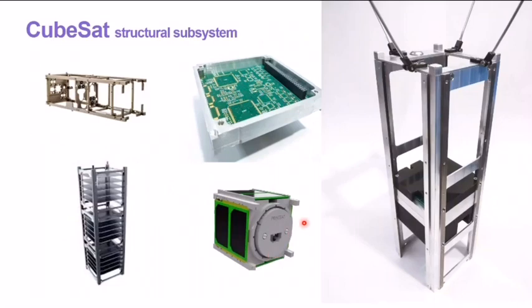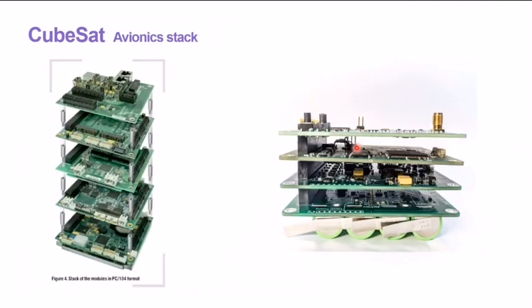We can use raw aluminum and machine the structural parts ourselves, and then we also need to do a lot of testing before using it, to check whether it will survive the launch vibrations, what the integrity of the structure is, or whether the structure is able to survive the thermal environment in space or not, things like that.